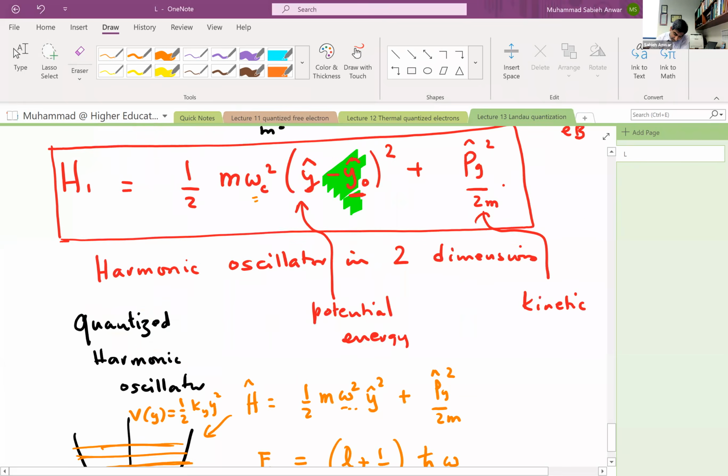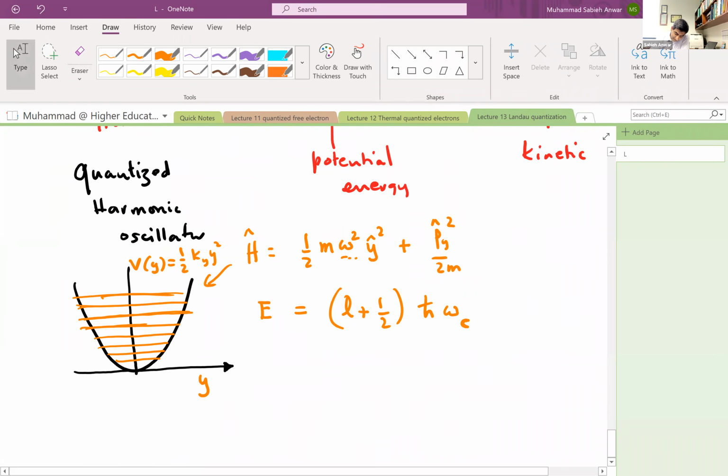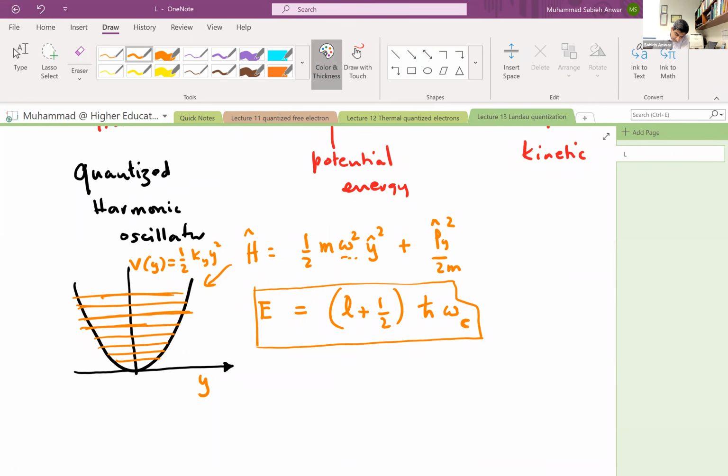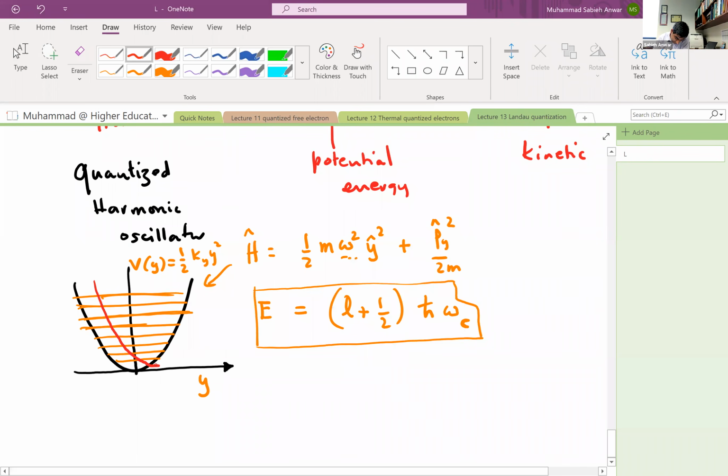And what this term does simply is that it changes the minimum of the energy potential. So the entire curve, in a sense, is shifted to the left or to the right by y naught units. Okay.